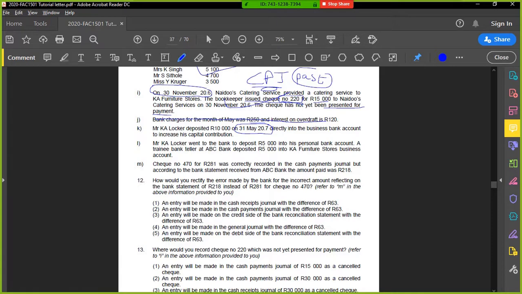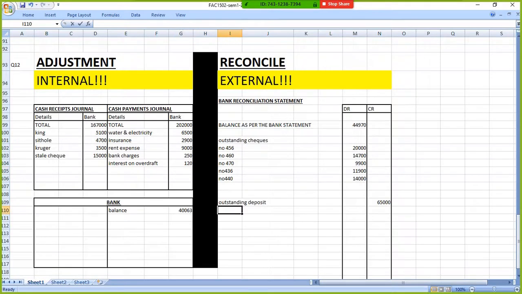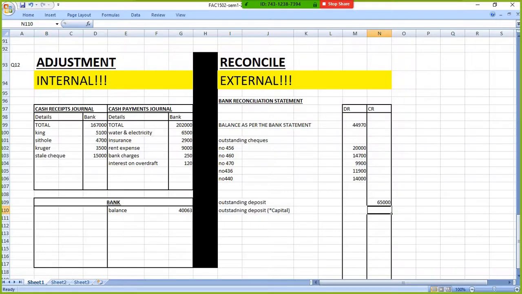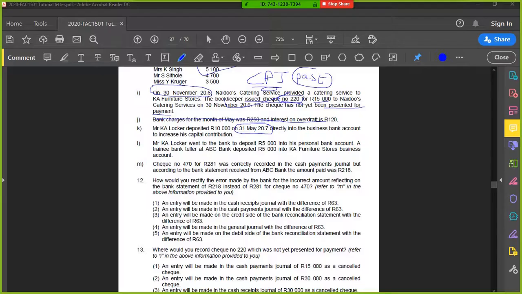Yes, it's the bank we need to reconcile. There we go. Outstanding deposit. Because it's on the last day of the month, it's probably not going to go through that month. And remember, it takes a few hours or days to clear.